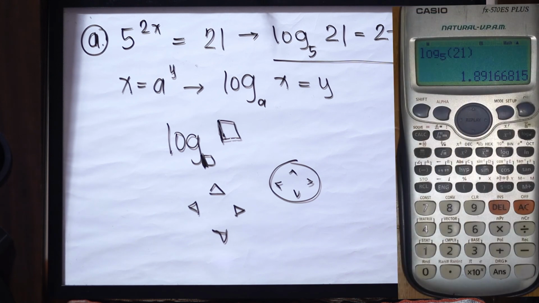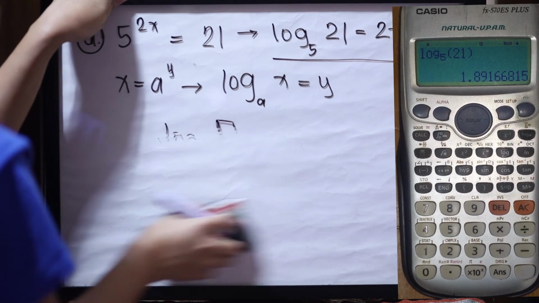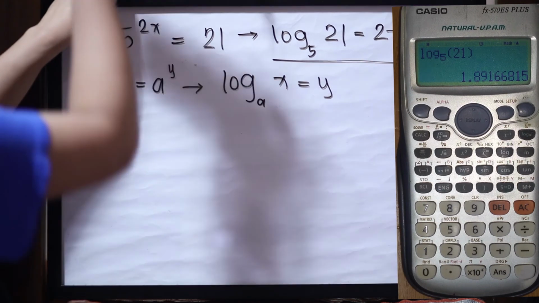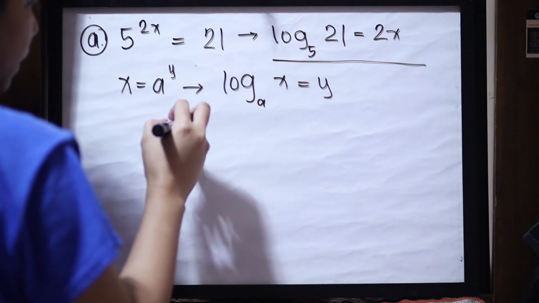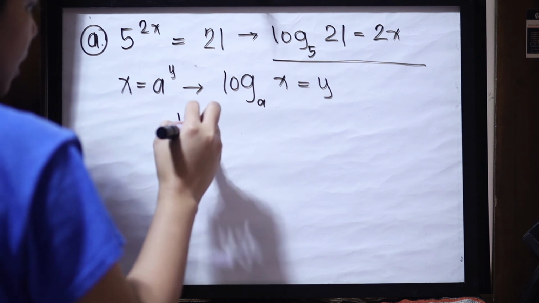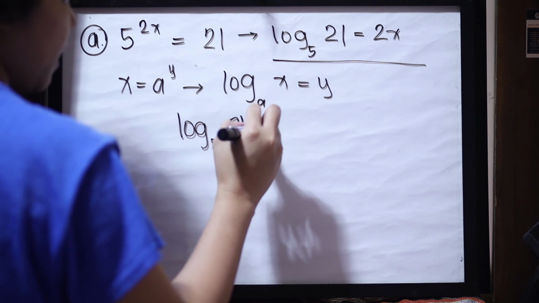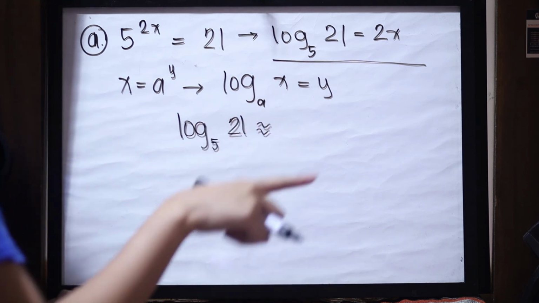Sign. Then, after pressing equal sign, makikita nyo na yung sagot ng logarithm of 21 to the base 5. And then, since it's a decimal number, i-round off natin siya to 2 decimal places. Ngayon, ma'am, okay lang po yun, yes, pero we'll just do approximation. Kaya ako may curly na equal sign dyan.